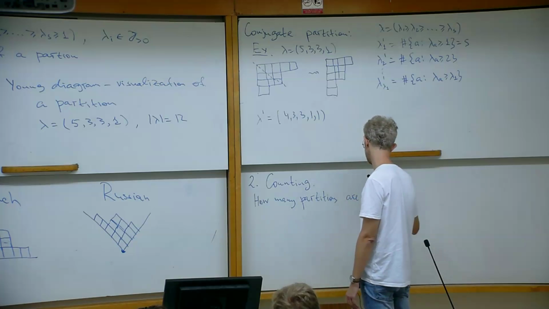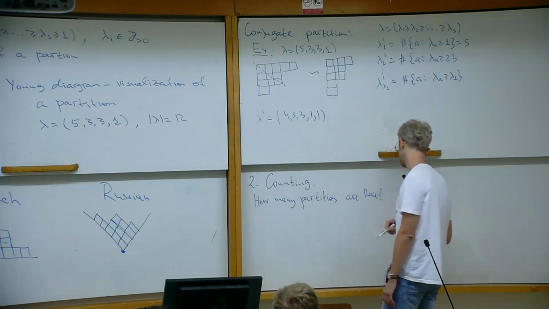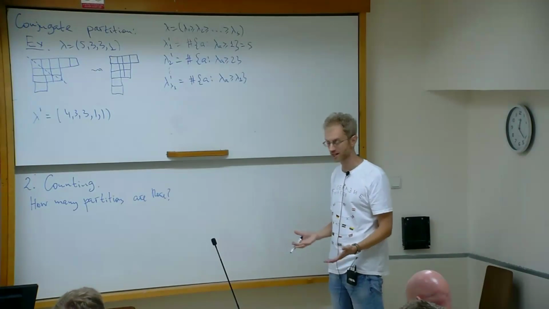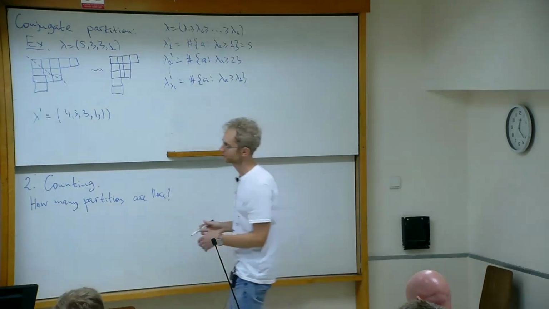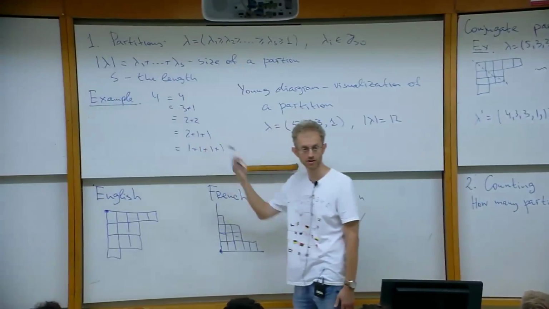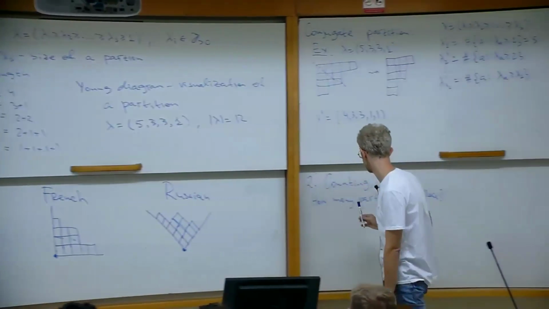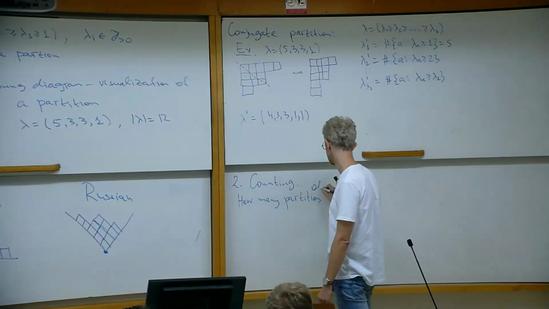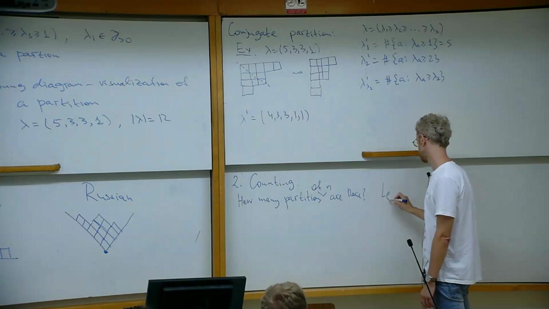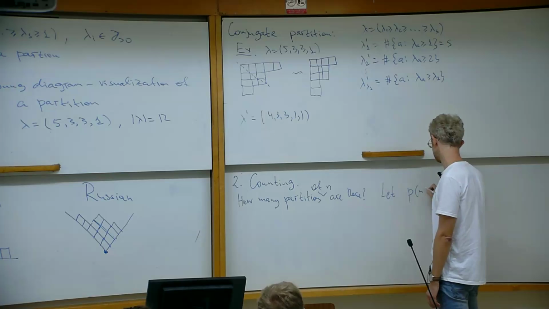Of course, there are infinitely many because there are infinitely many numbers. But we see in this example that if you restrict to some number, there are finitely many, and it makes sense to ask how many partitions of n are there. And let me denote by P of n this number.